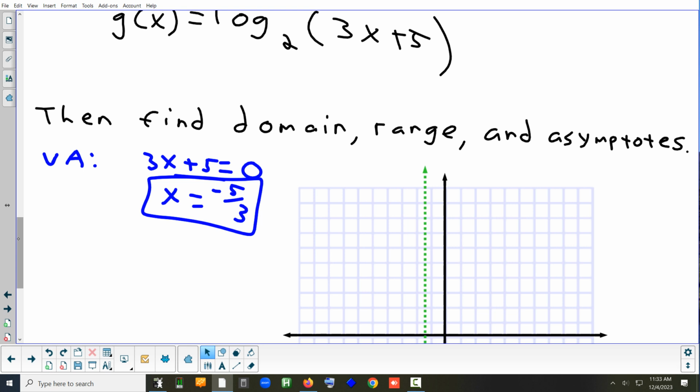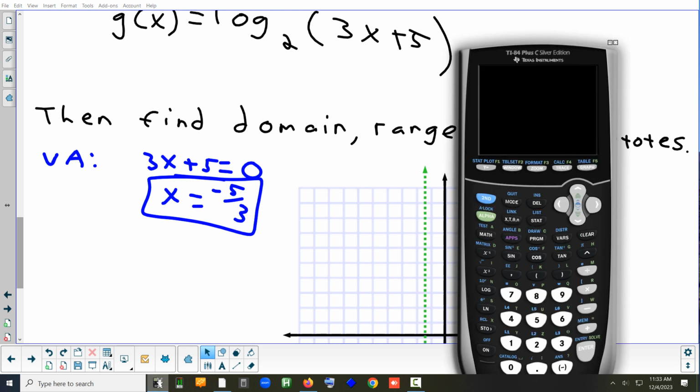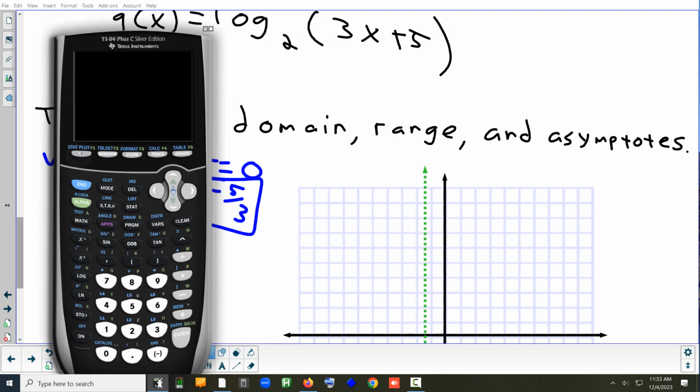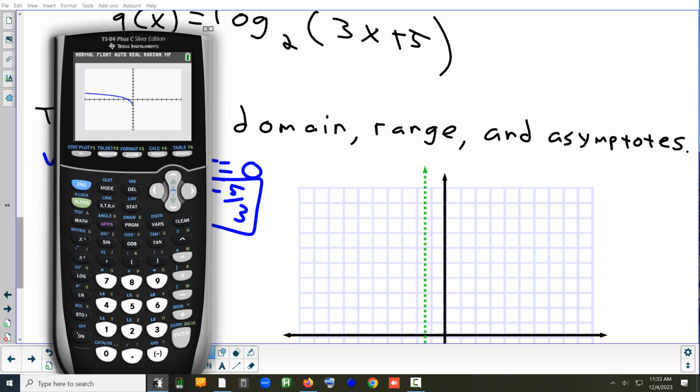If there was a negative in front of the x, then it would curve to the left. But this is going to curve to the right. Now, let's type that in. Remember, you do need your change of base formula to put that in because we don't have a base 2 log. So we put log of 3x plus 5 divided by log 2.